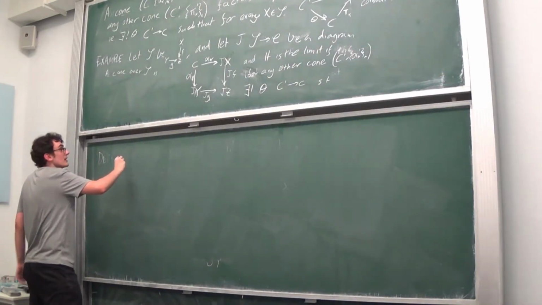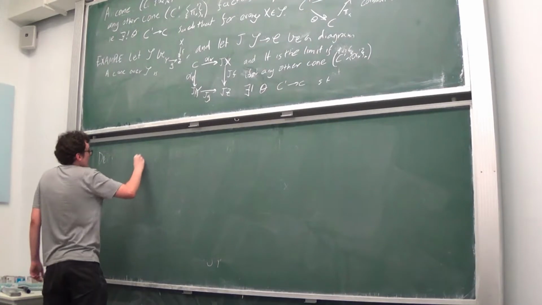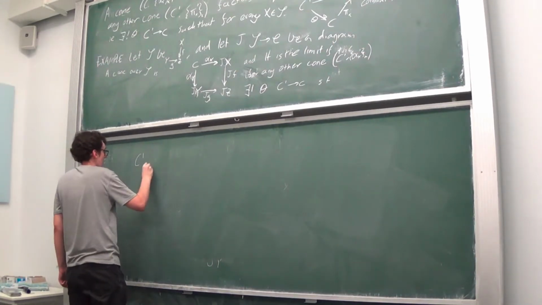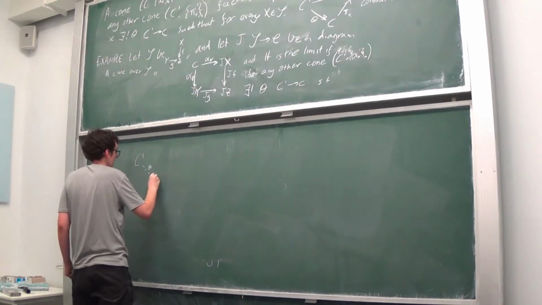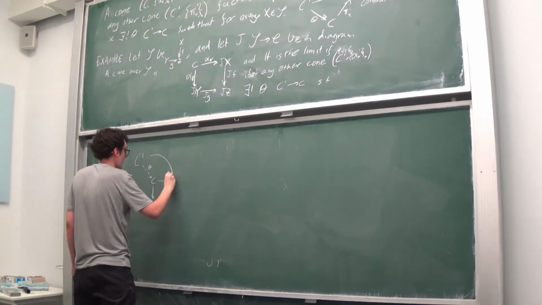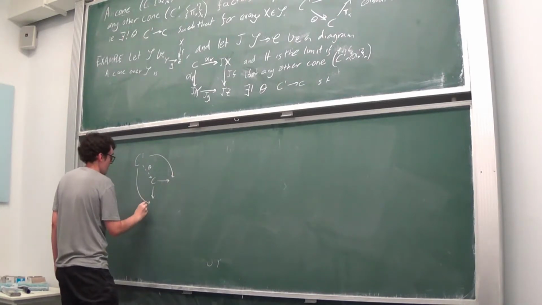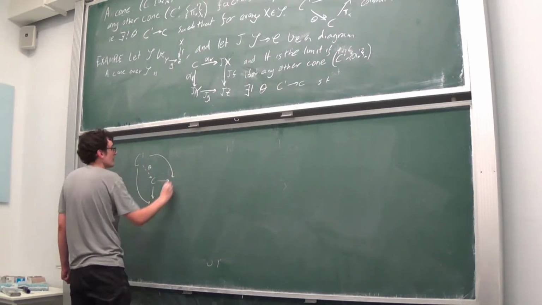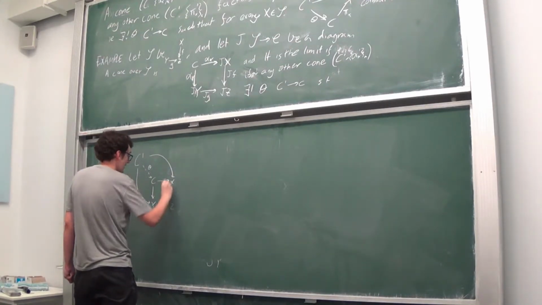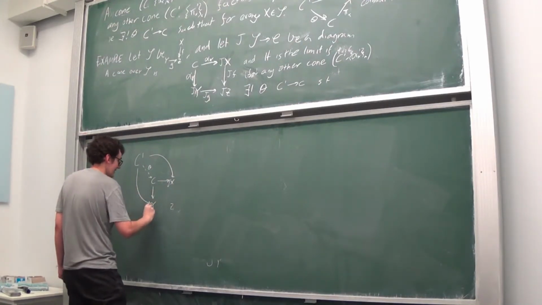So it's going to be C prime, theta, C. This is x, this is y, and this is, wait, no, it's jx, jy, and jz.